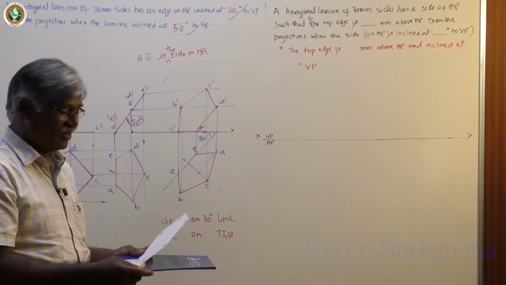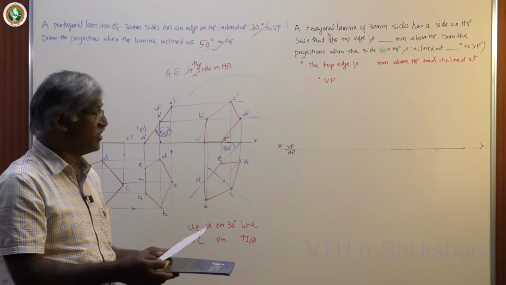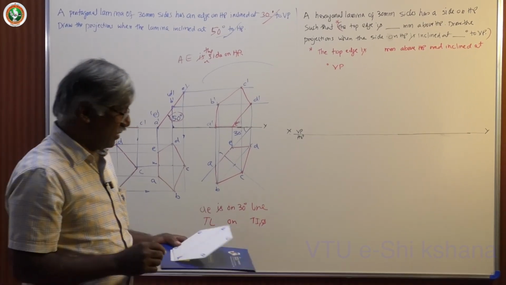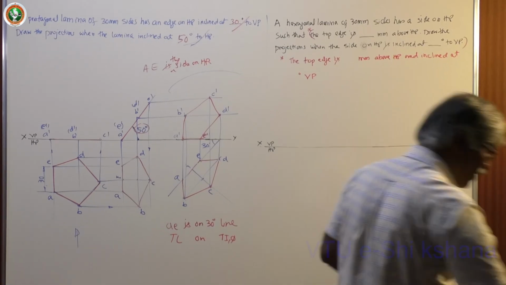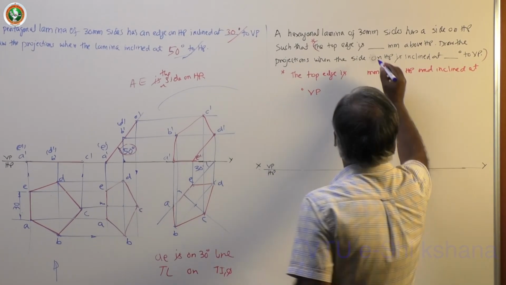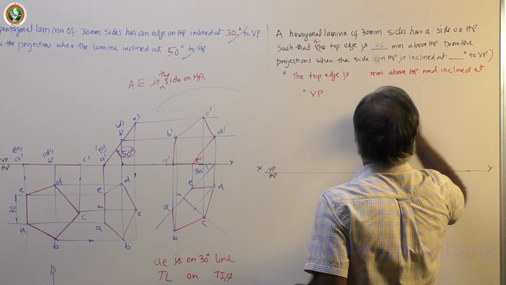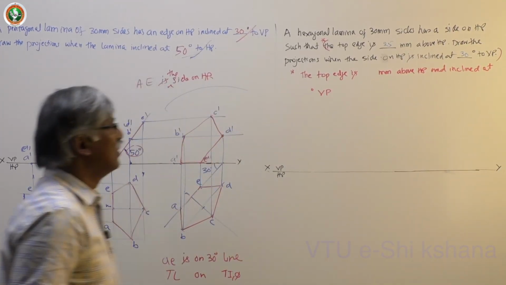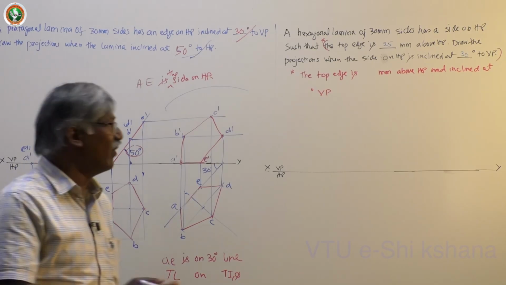Again, same thing, edge condition with respect to HP, or side on HP. The first version I will take: 25 mm and say 30 degrees. Okay, some angle I will take. It can be 40 degrees or 50 degrees, whatever.